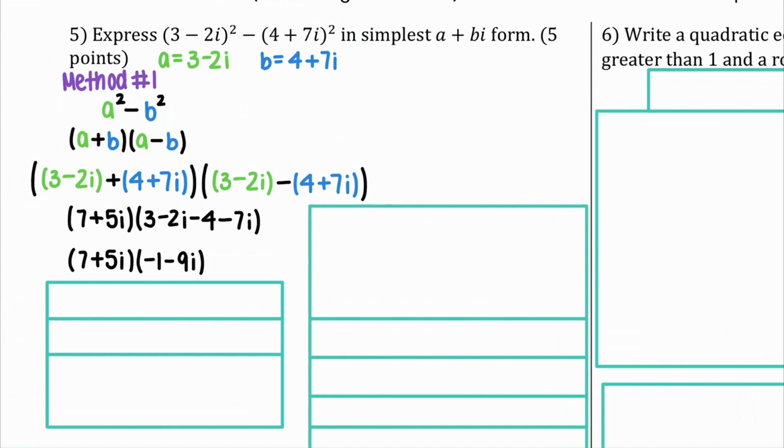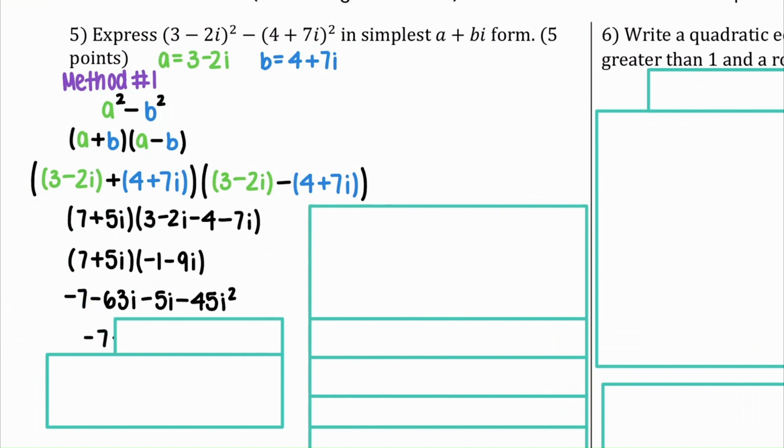And then from here we have to employ double distribution, so multiplying everything out as such, thus gives us negative 7 minus 63i minus 5i, and then minus 45i squared. And so from here we can combine like terms.